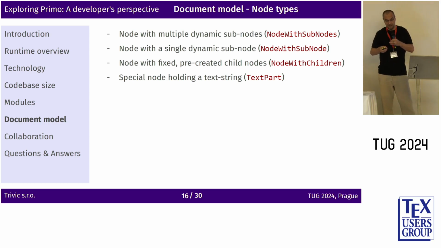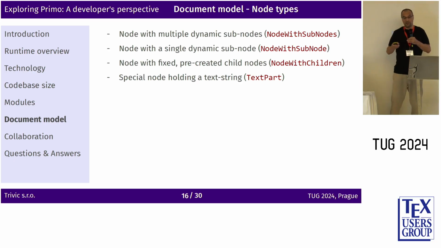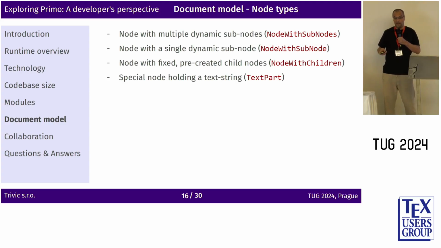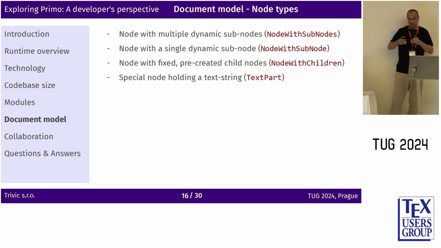And then we have a node which we call node with children, which has a fixed set of pre-created children. You can imagine this is just an interface, as we would say in Java. In Scala we call this a trait. And the concrete subclass of this node with children then specifies what are the fixed children.